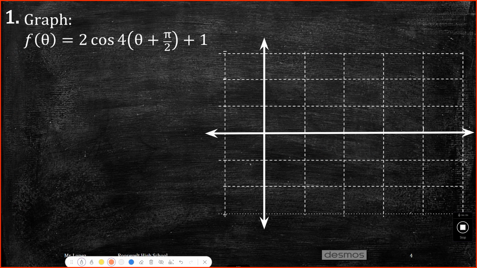Problem number one is about graphing a cosine function that has all these transformations, and we'll graph it from 0 to 2 pi.